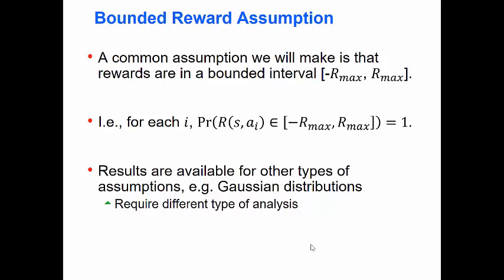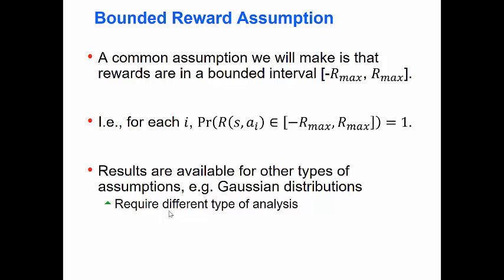There are different ways that you could formulate this, but we're going to assume that the slot machines, or our arms, have bounded rewards between negative R max and R max. And since we have random reward functions, this is what it means: the probability that the reward you get is between these ranges is 1. There are cases where you'll study bandit problems where there's not a bound.